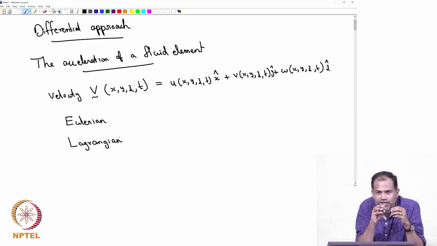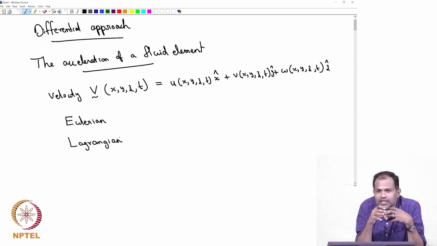So, you are looking at a particular point, which is that junction, and you are looking at the speed of the vehicles. That is what is meant by the Eulerian approach, because you are looking at a particular point and then trying to find out the velocity field.